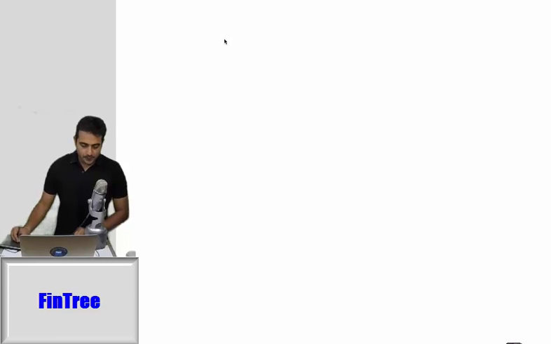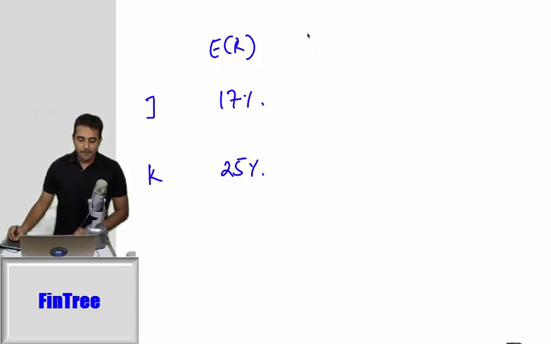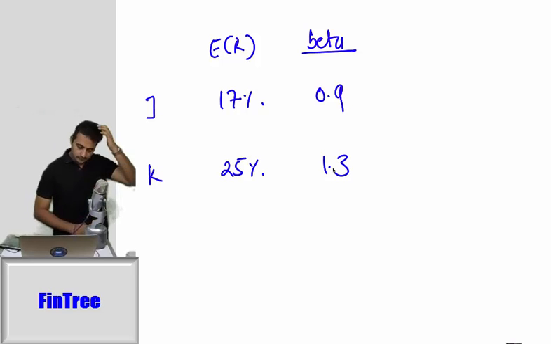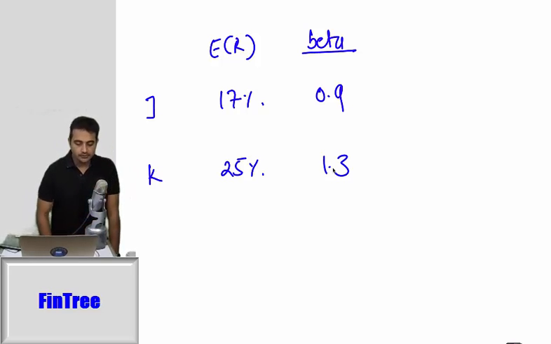So again, expected return. So two stocks, J and K. Just coming up with random numbers, 17 and 25%. Then beta values. This is 0.9 and this is 1.3. So find out RFR and risk premium.